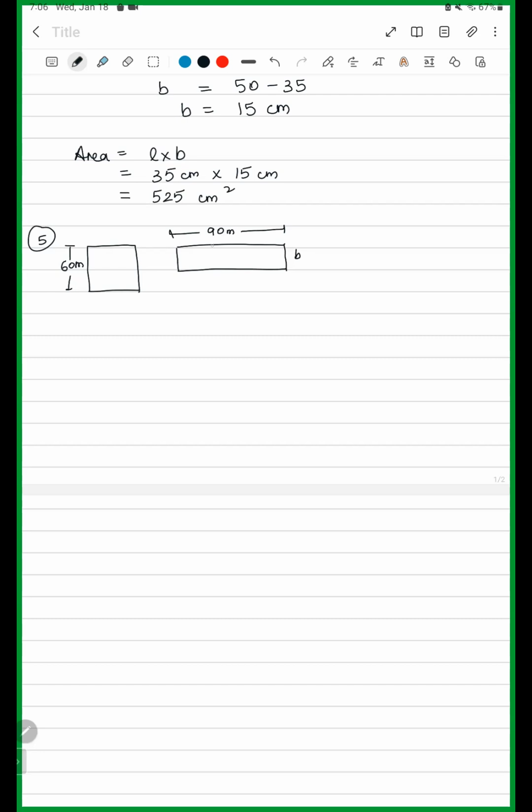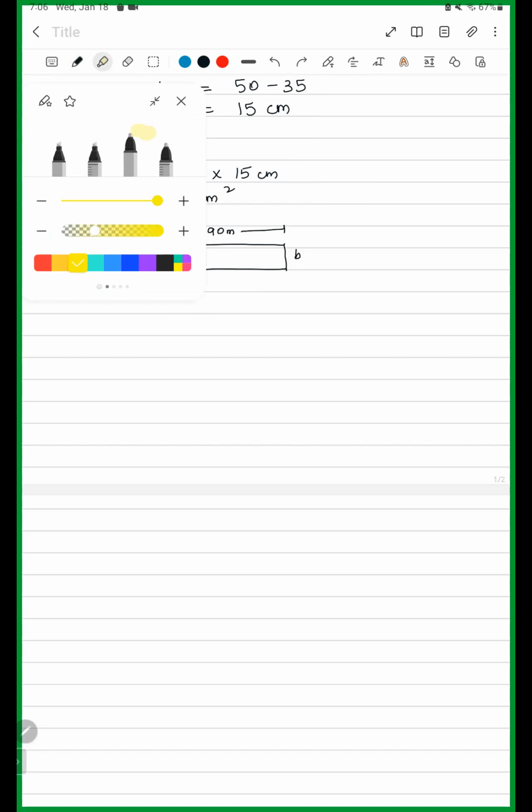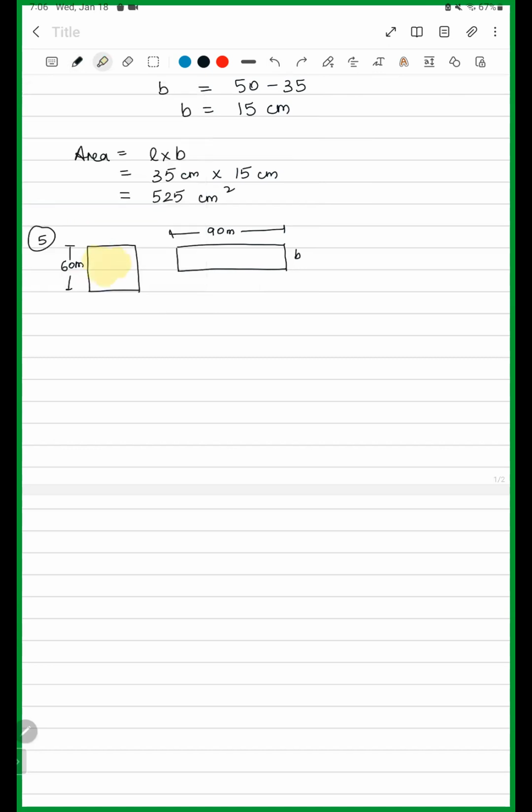Now see, to find the area of this square, just a minute. Do you have all you need to find the area of this square? Yeah. So can you find the area first? Side multiplied by side. Right, area of square.